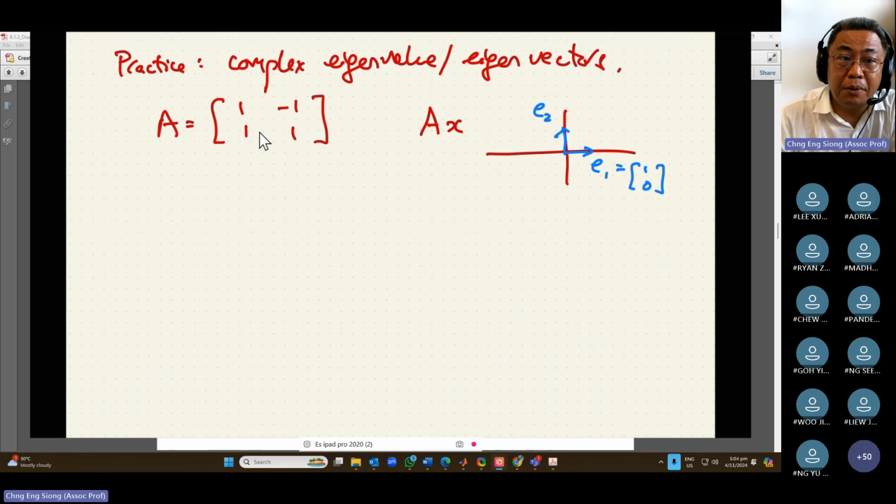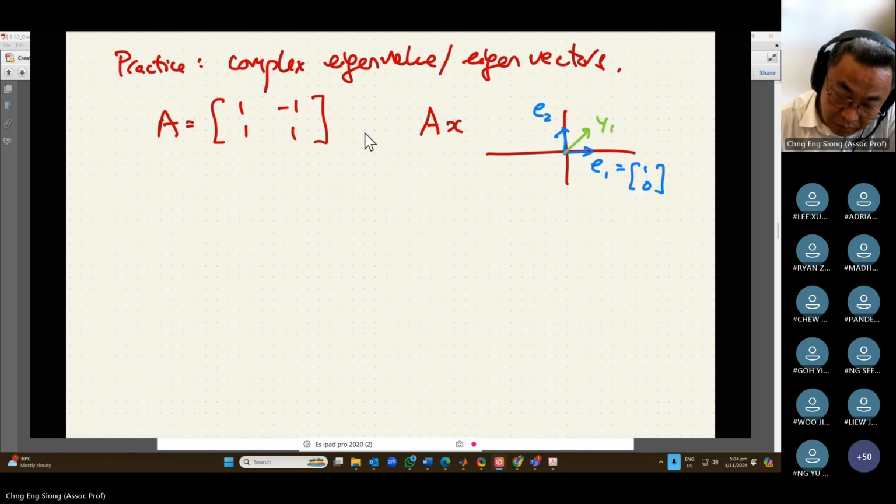It will pop out 1, 1. Where's 1, 1? Let's put the green. So E1 will become this one. Let's call this Y1. What about E2? A acting on E2 will pop out minus 1, 1.